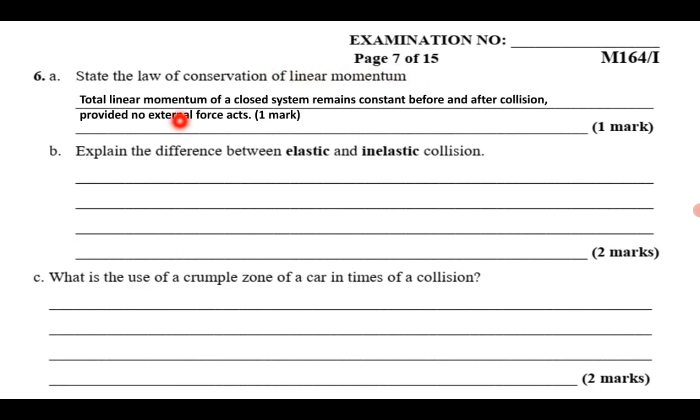It states that the total linear momentum of a closed system remains constant both before and after collisions, provided no external forces act. So this one is just asking us to state the law of conservation of linear momentum.